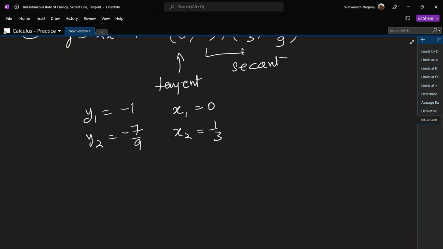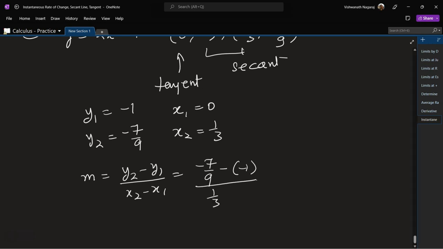Okay. So first we have to figure out the slope. So y2 minus y1 by x2 minus x1, which is equal to minus 7 by 9 minus minus 1 by 1 by 3 minus 0, which gives us minus 7 plus 9 by 9 times 3.